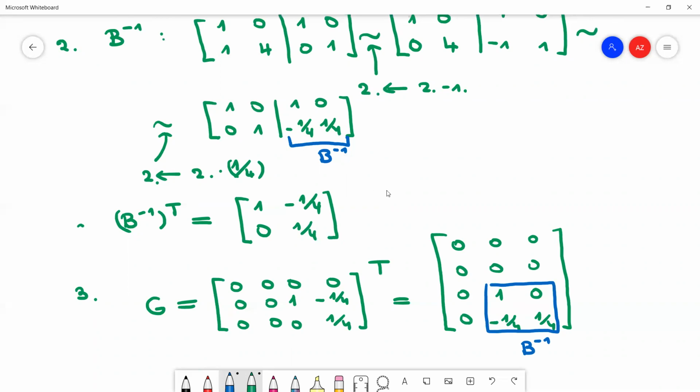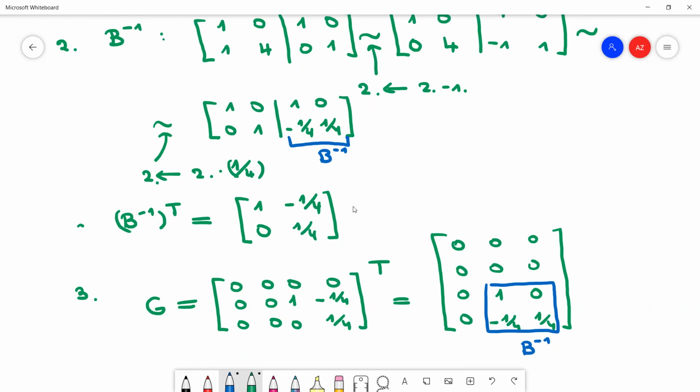Just put the inverse of B on the corresponding entries of G and fill other entries with zeros. So this transposing is only to match the dimensions of G. If A was 3 times 4, then G must be 4 times 3.